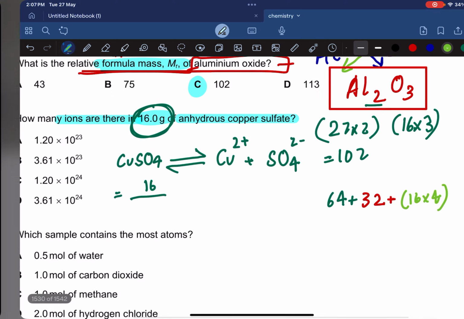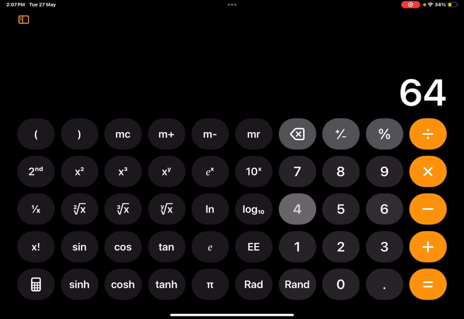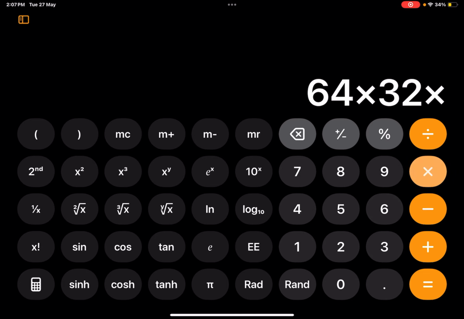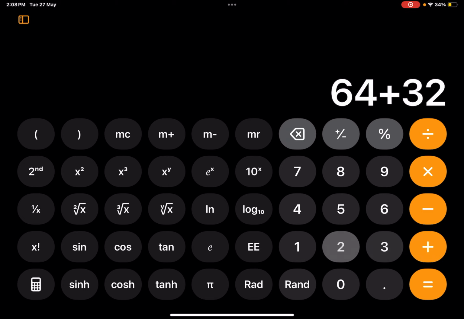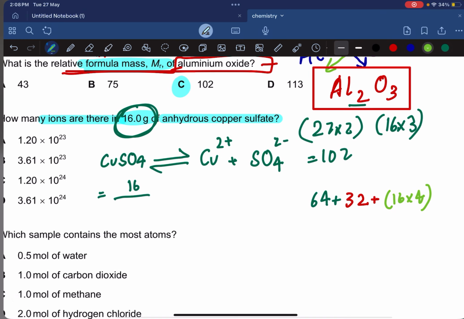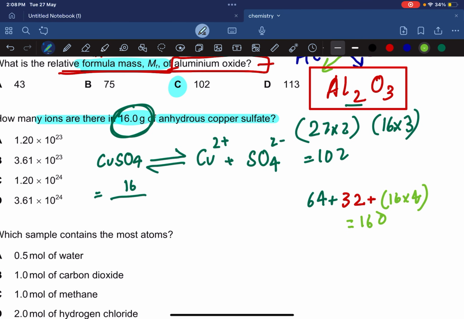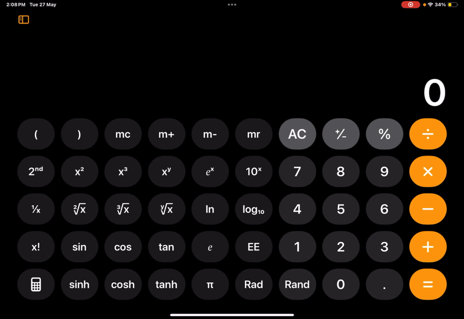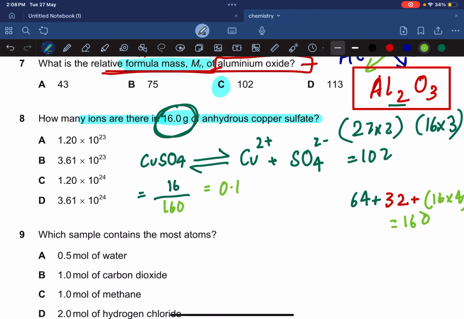And let's calculate this. 64 plus 32 plus 16 times 4, and that's going to give me 160. So 160 is the Mr of this compound, so 16 upon 160, mass upon Mr, that's going to give you your moles. 16 divided by 160 is 0.1, so you have 0.1 moles of your copper sulfate.